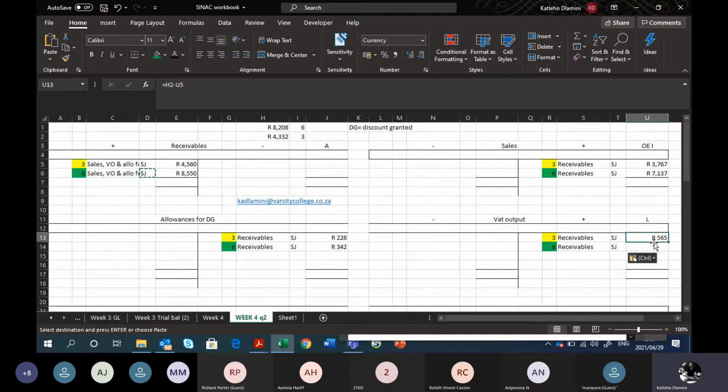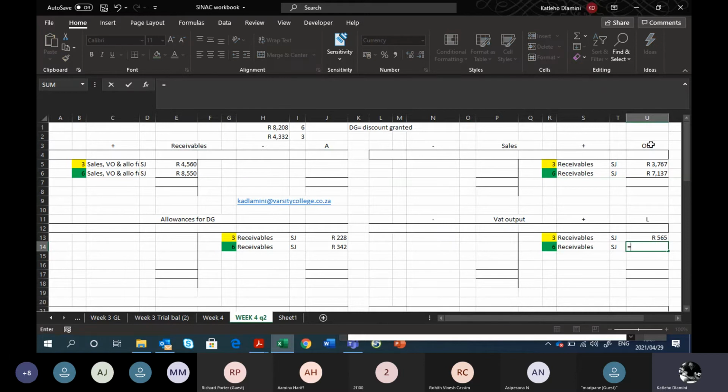SJ, okay. So then this will be this amount minus that amount. So we'll get that 1,071 Rand. All right. So we've done with our 3rd and the 6th.